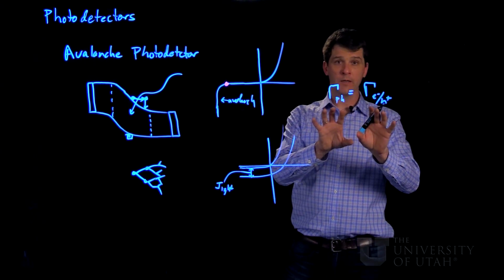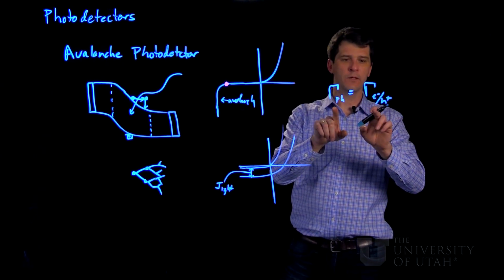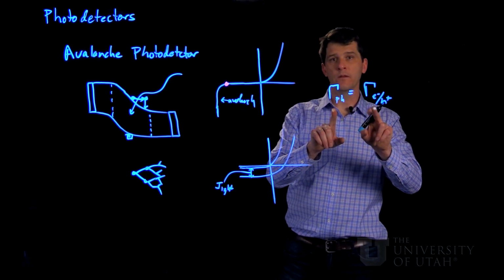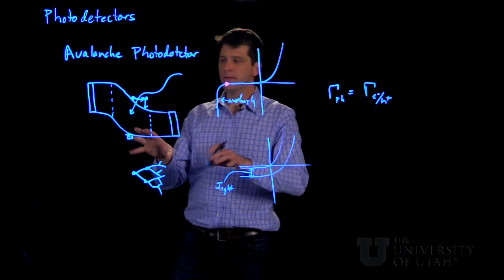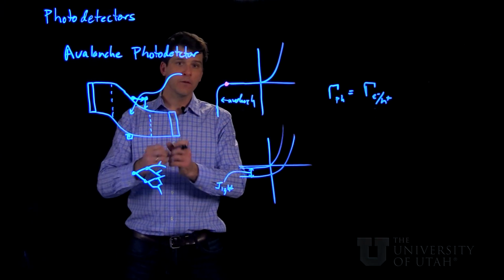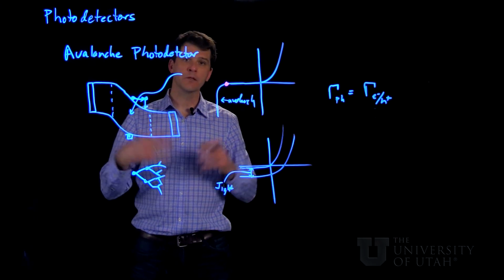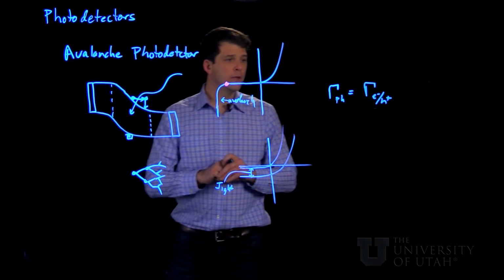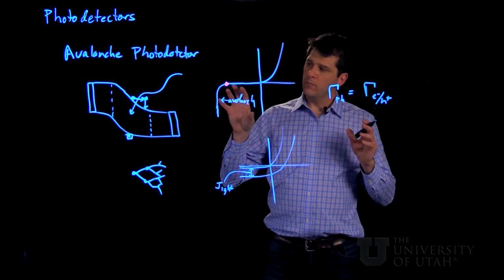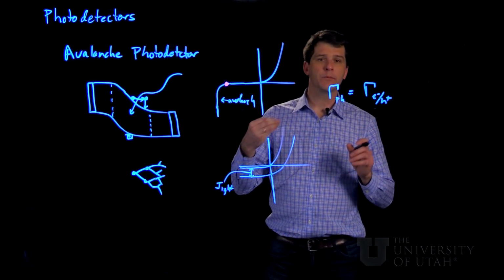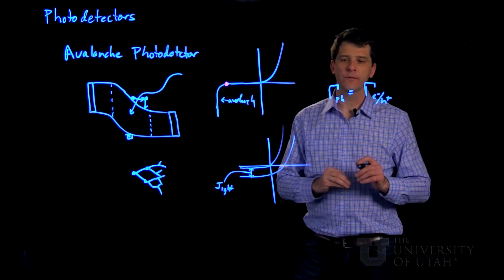So quantum mechanically, you get a one-to-one relationship between the number of photons and the number of electrons, and thus the current coming out. Now in the APD, or the avalanche photodetector, you get this gain factor, which is huge. It's exponentially bigger. And so APDs can actually be used to detect single photons.